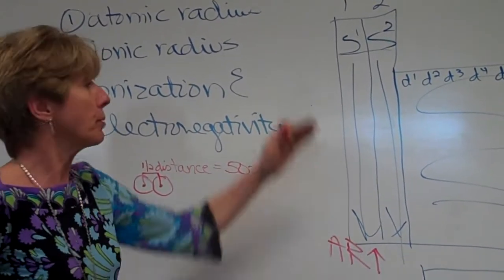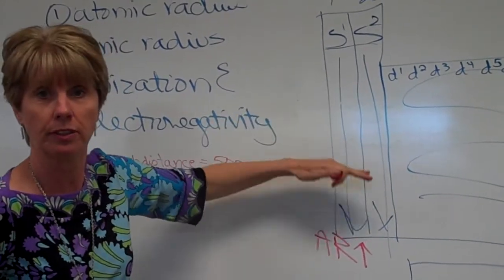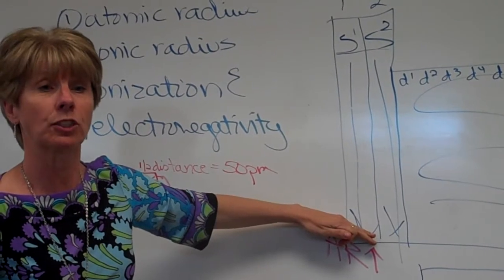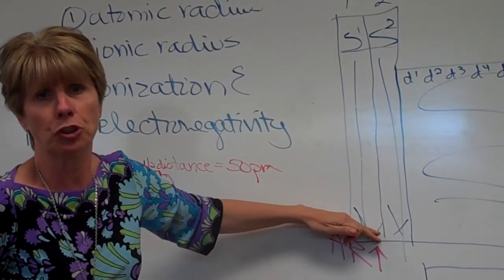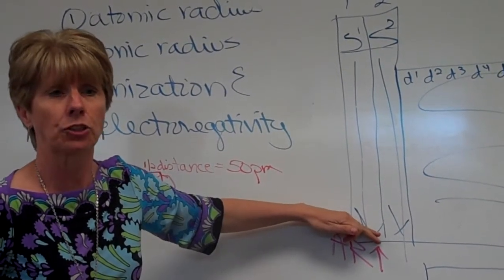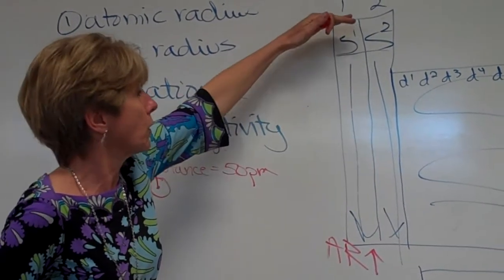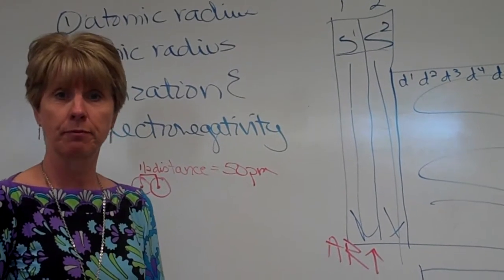Why? Because you're going into higher energy levels. Remember, energy level has to do with distance from the nucleus. So of course an atom, n equals 2, is going to be smaller than an atom that has electrons in n equals 7. When you go down a family, atomic radius increases.